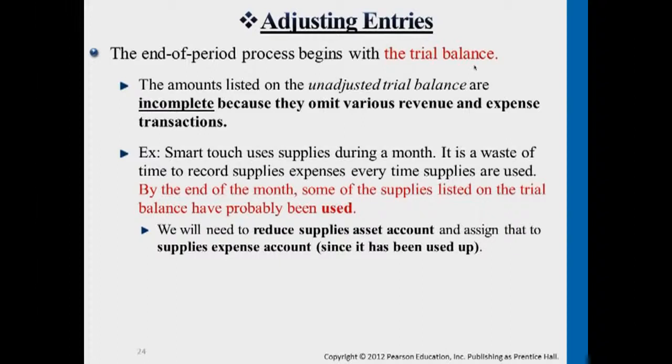Or some of the insurance premium that we paid before, we need to adjust the part that has expired, that's no longer in force. Okay, so there's just a few adjusting entries that need to be made, but the majority has been done already under trial balance. So the purpose here again is because earlier that trial balance is incomplete, with some of the adjustments under revenue and expenses that haven't been done.